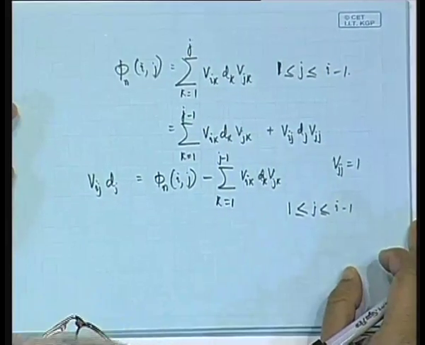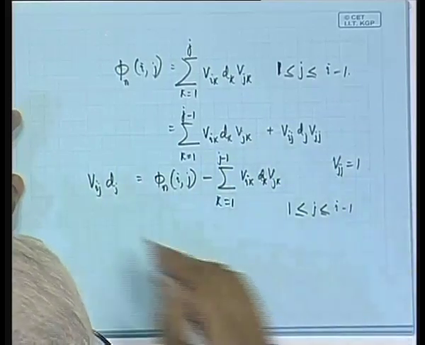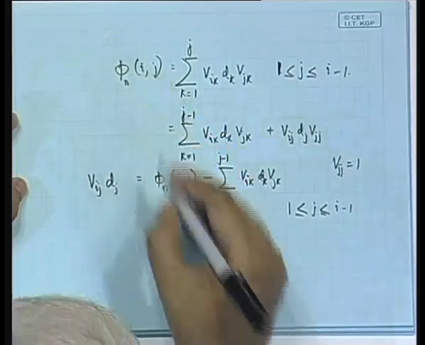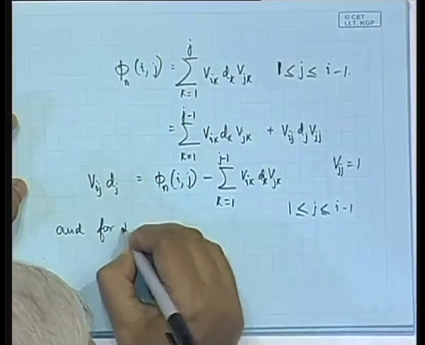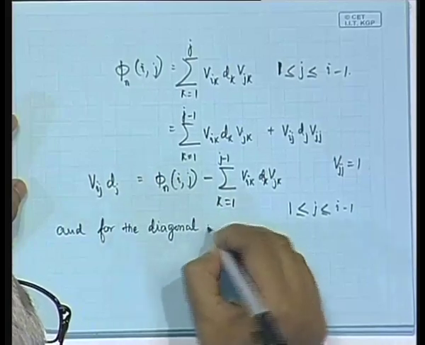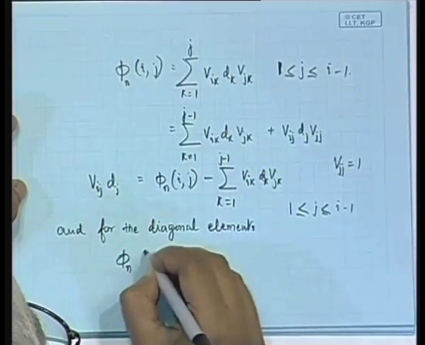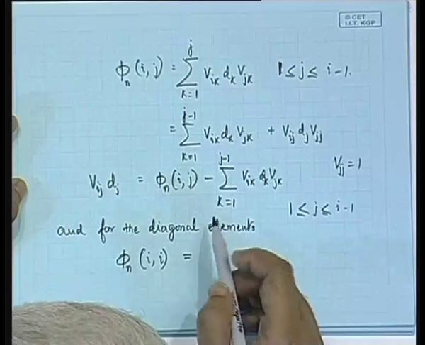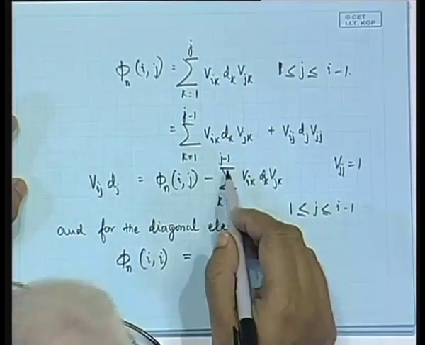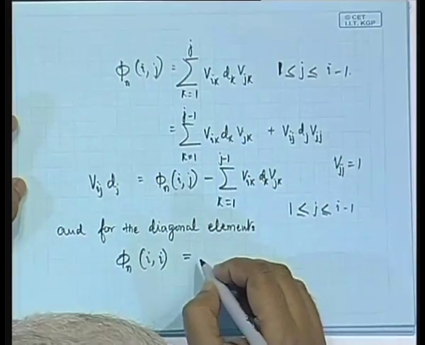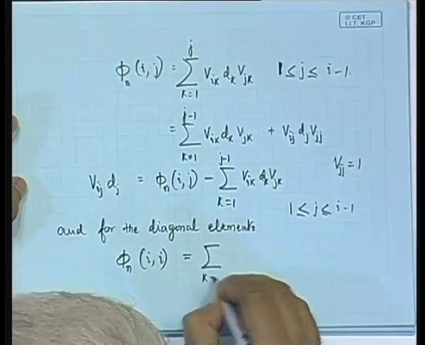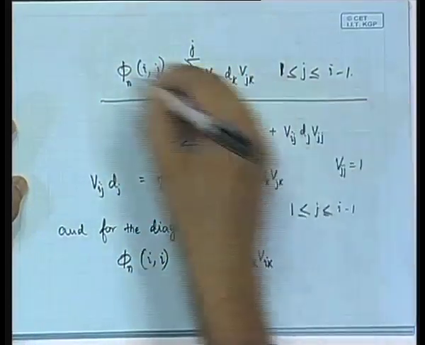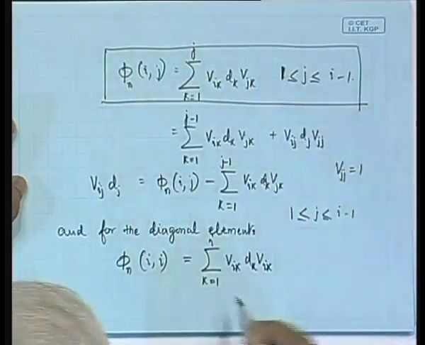Then for the diagonal elements, we can write from this expression itself that phi n(i,i) is the summation k is equal to 1 to i of V(i,k) d(k) V(i,k), just this expression, substituting i in place of j.